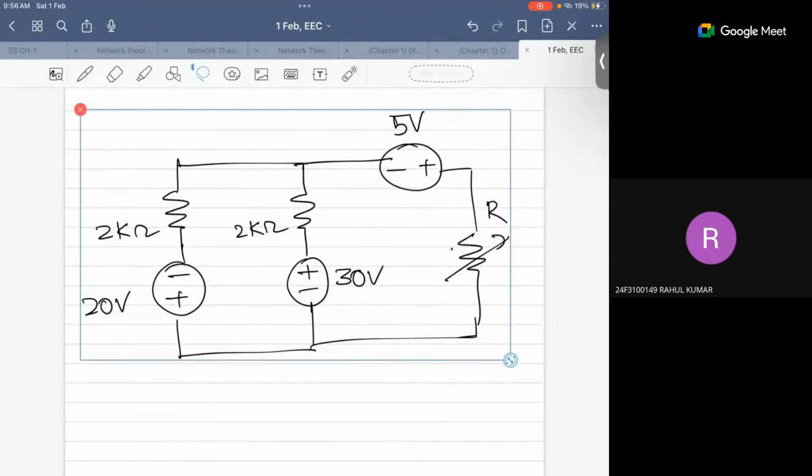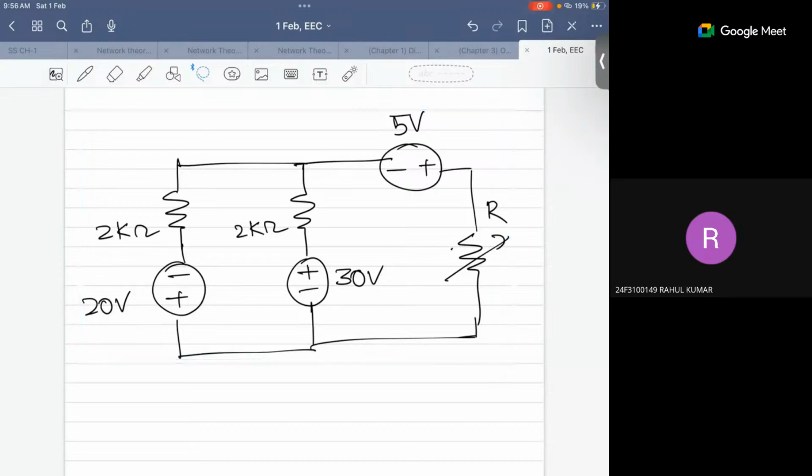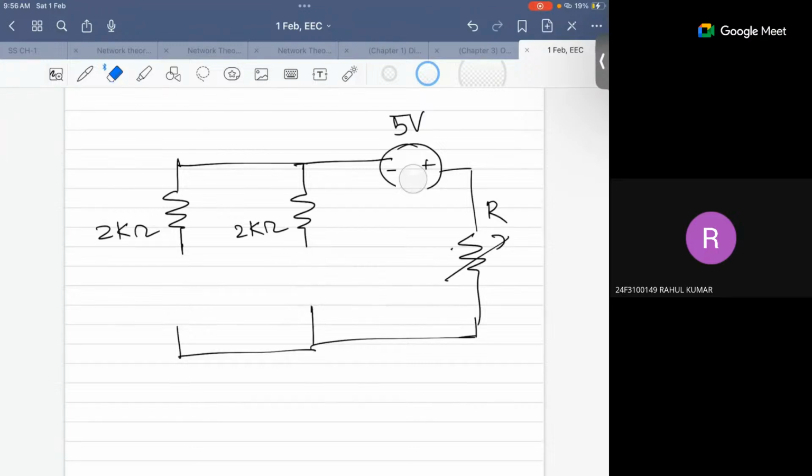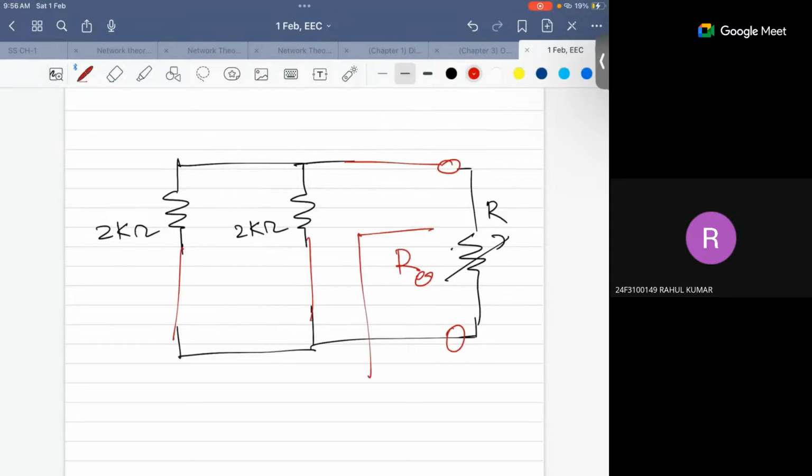This will be short circuited, right? This will also be short circuited. This will also be short circuited. Correct? Short circuit, and you have to calculate the resistance from here. Parallel to 2 kilo ohm. Clear?